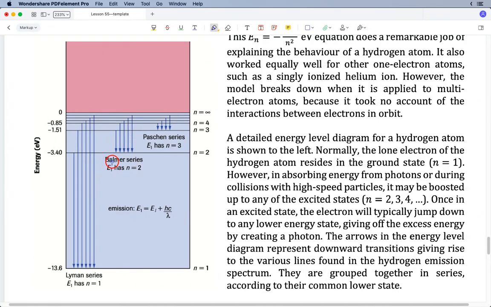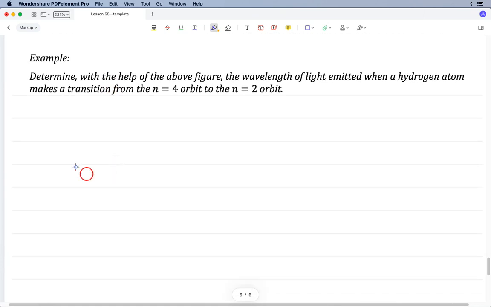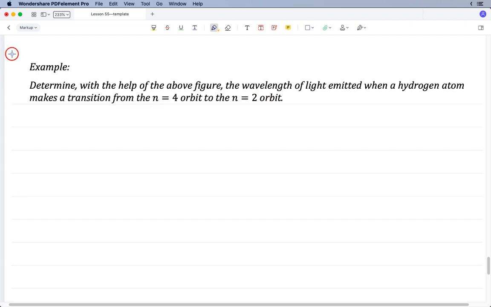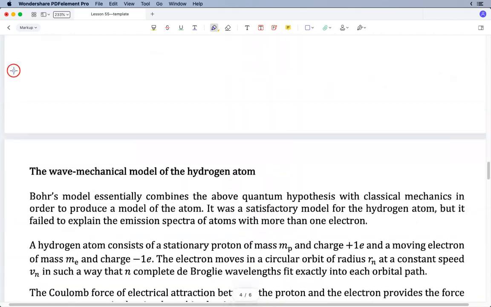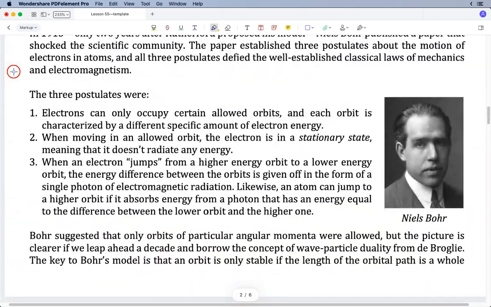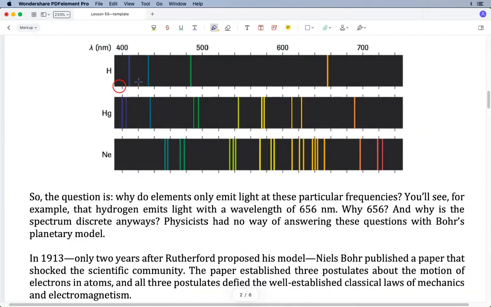For example, when you work through this example, you'll be given the opportunity to find the wavelength of light emitted when the hydrogen atom makes a transition from n equals 4 to n equals 2. And you'll find that the wavelength that results from that transition, I believe it's this one, the greenish colored one.